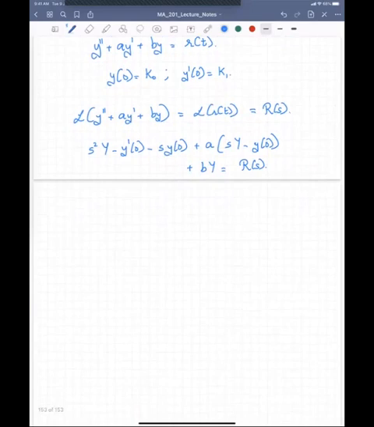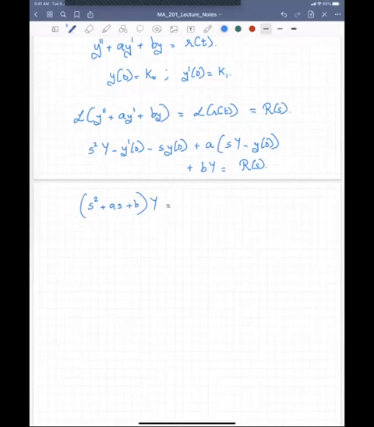So collect terms. You have s squared plus a s plus b multiplying the Laplace transform of y, and the remaining stuff can be taken over to the right hand side.